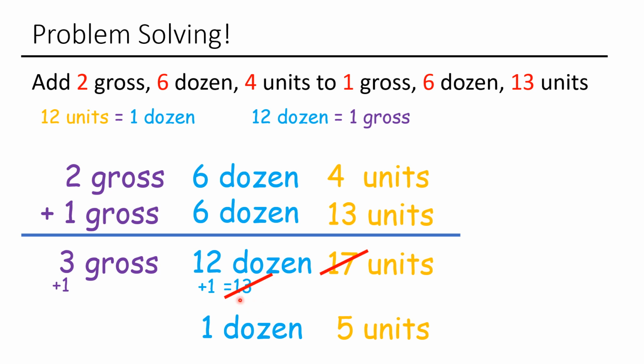I took out 12 from 13, which leaves me with only 1 dozen. Over here, those 12 dozen made 1 gross, and I'm going to add it to the 3 gross. I just brought over 1 gross, and that gives me 4 gross. So my final answer is 4 gross, 1 dozen, and 5 units.